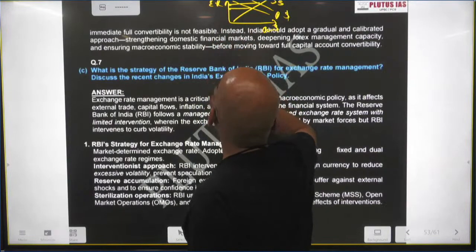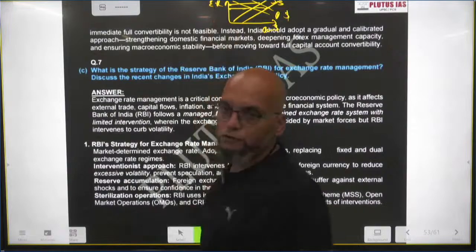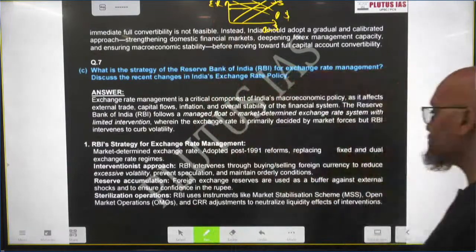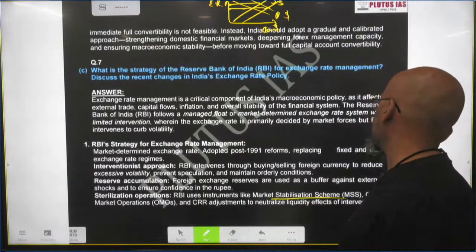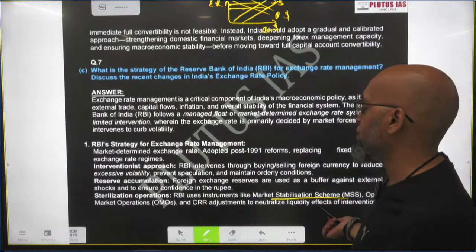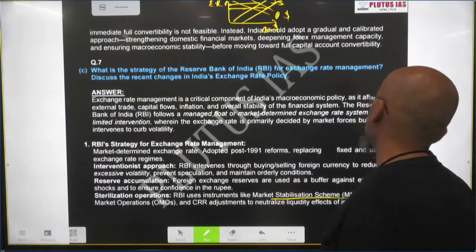So what can RBI do? It can increase the supply, right? Bring down the rate. Then sterilization operation: RBI uses instruments like market stabilization scheme, open market operation, CRR adjustment, all these things RBI does.